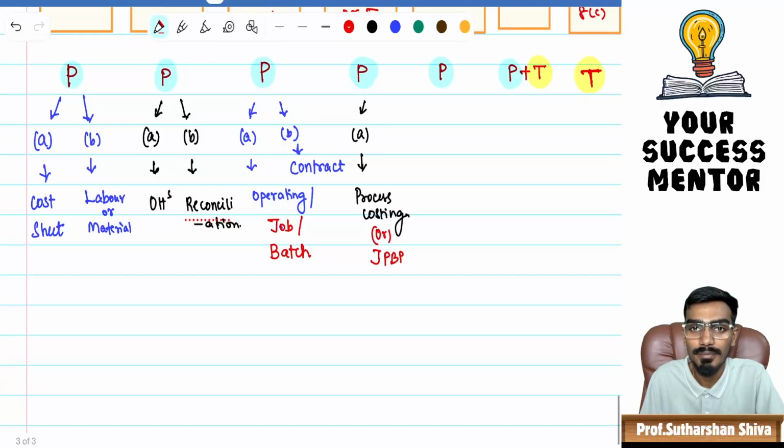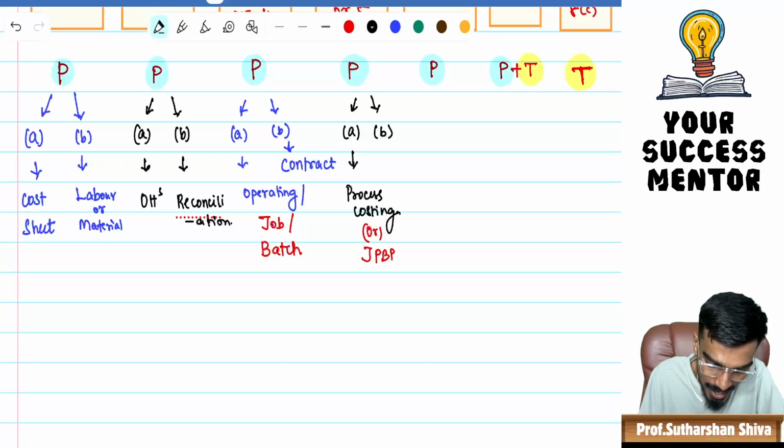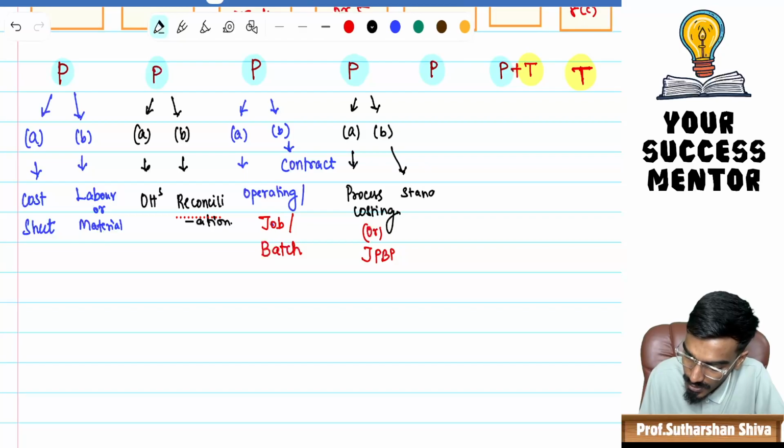Then 5B, you will be having a standard question, which is nothing but your standard costing. Standard costing will be your standard question on 5B.